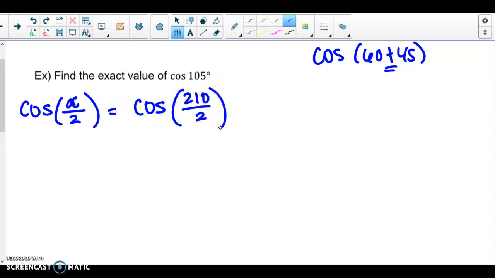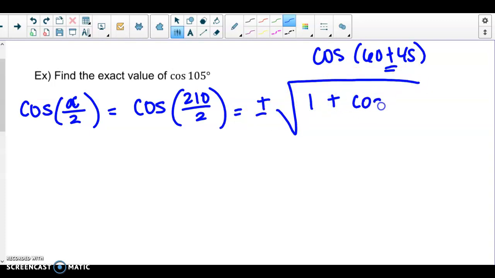Now notice 105 is not a special angle on the unit circle, so we cannot figure it out without a calculator or a sum and difference formula. But 210 is an angle on the unit circle that we can use. So the formula says plus or minus the square root of 1 plus cosine of the angle you can use, divided by 2.